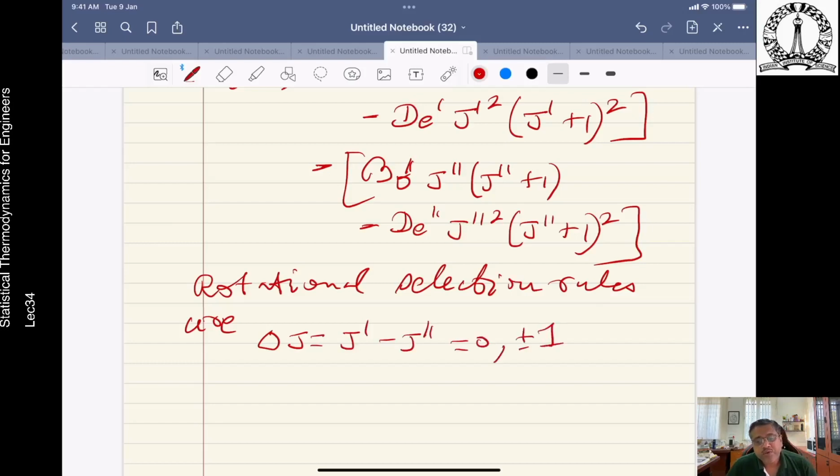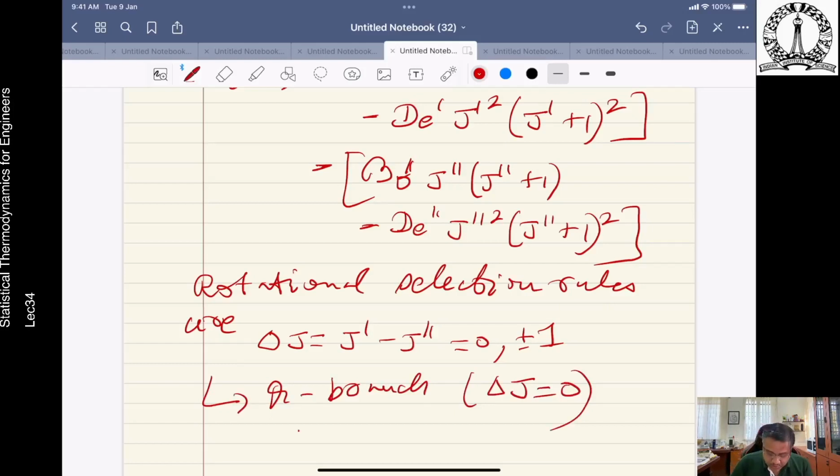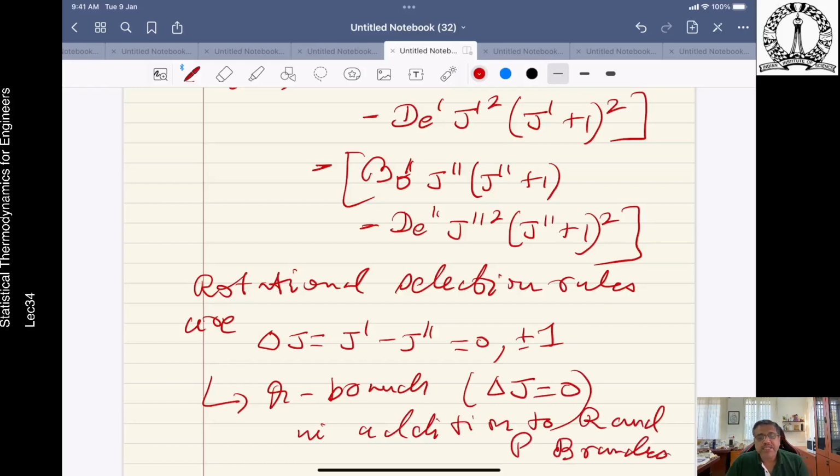So we now entertain the possibility of a Q branch also, which is delta J equal to 0, in addition to the R and P branches. We'll discuss more of this in the next class, where we'll also draw the energy level diagram to explain sequence and progression in more detail.